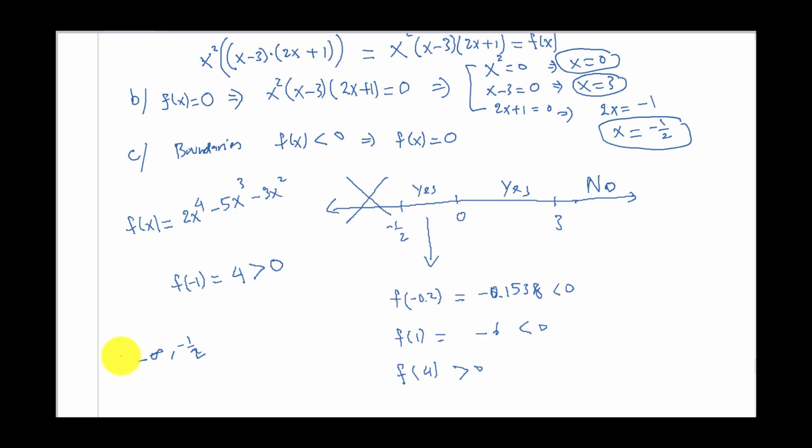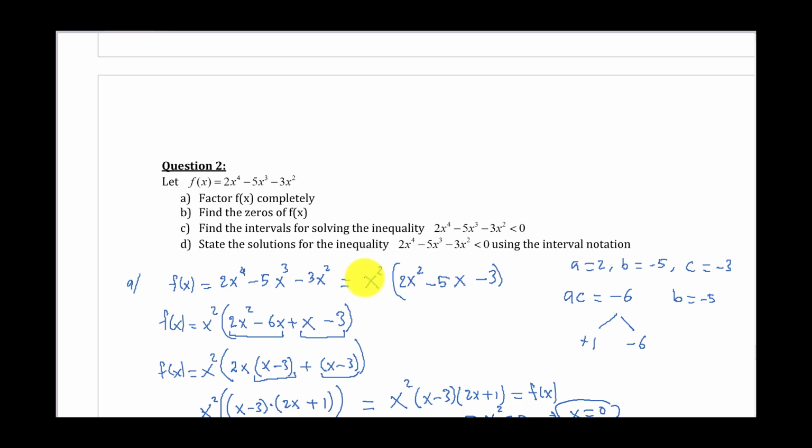Then another interval from minus 1/2 to 0, then 0 to 3, and then 3 all the way to infinity. These are the 4 intervals that we are looking to test for part C.